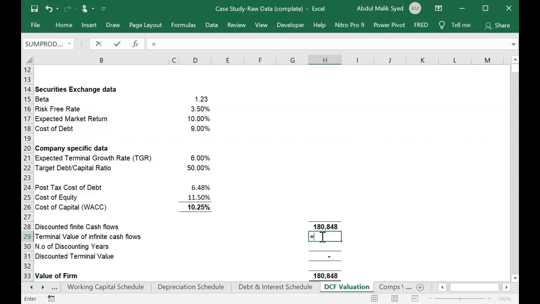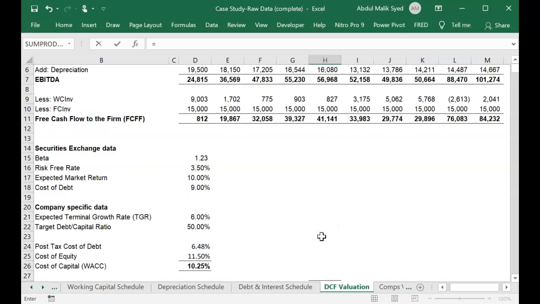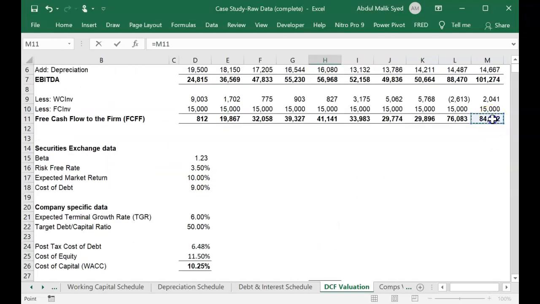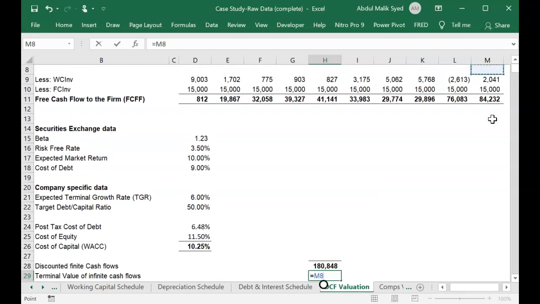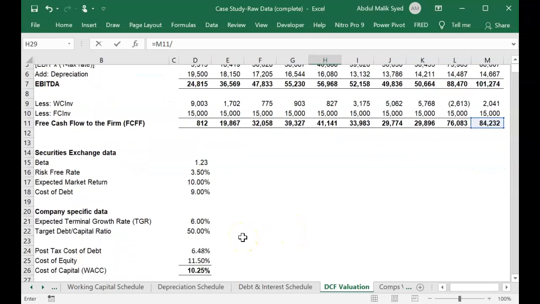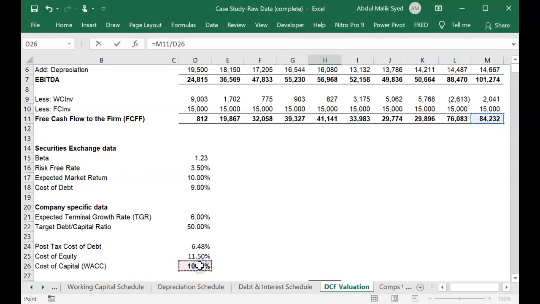We can use the terminal year formula: the last year, that is the terminal year cash flow, divided by WACC minus the growth rate. What is the growth rate?